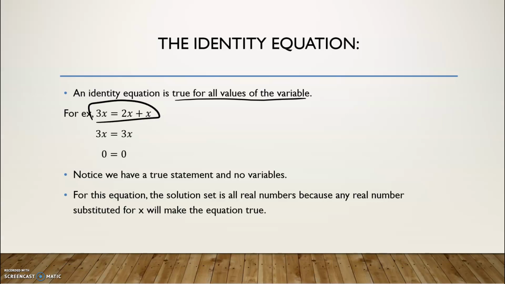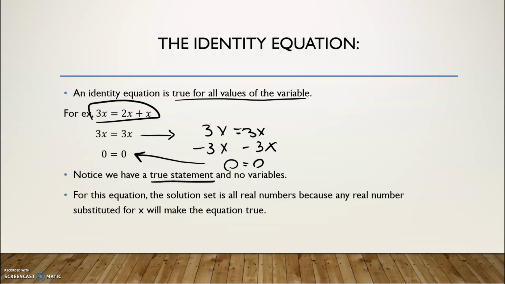Now if we look at this equation right here, 3x equals 2x plus x, which means I'll have 3x equals 3x. Now if I subtract 3x from this side and this side, that's how I get 0 equals 0 right here. So notice, number 1, 0 does equal 0, so I have a true statement.